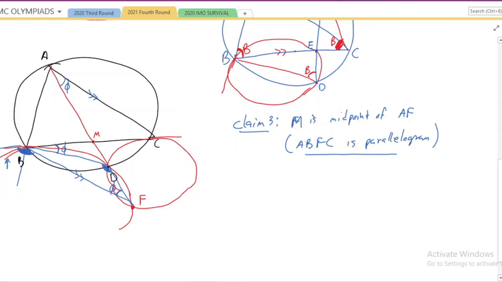So we have already had this angle here. This angle here is angle B. This is angle C. So this angle here is angle C. So I want to show that the shaded one is 180 minus C.